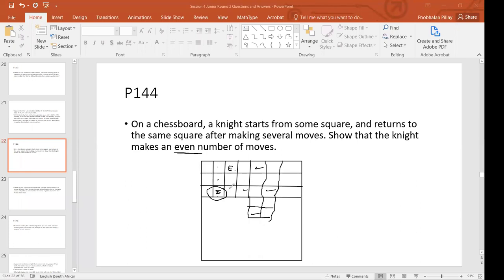Okay? All right, so Georgia got a very interesting point. She says that each time the knight moves, it changes color. Right? Each time it moves, it changes color.